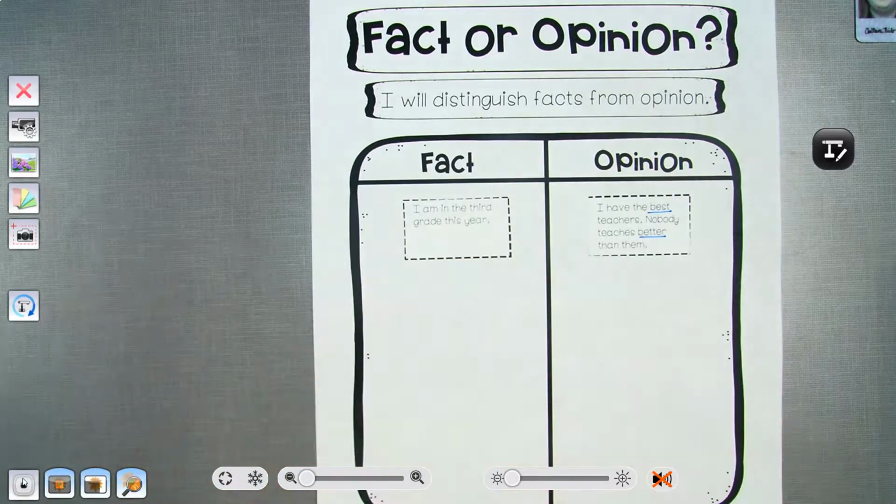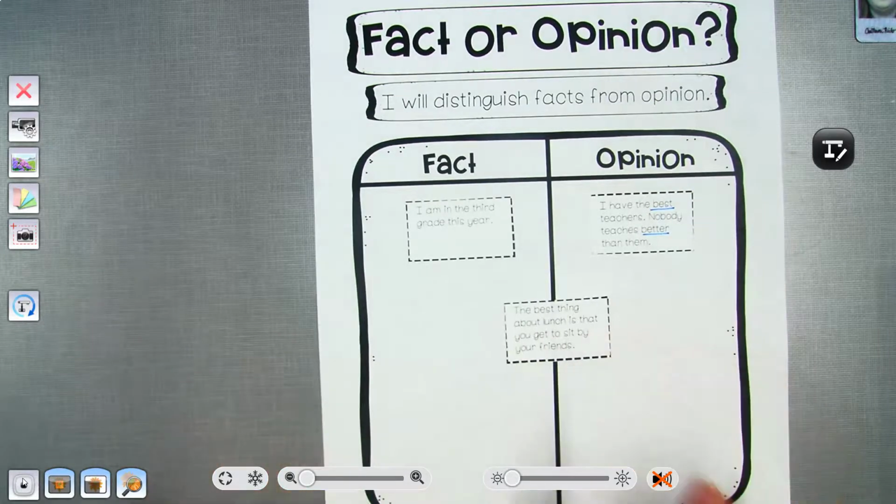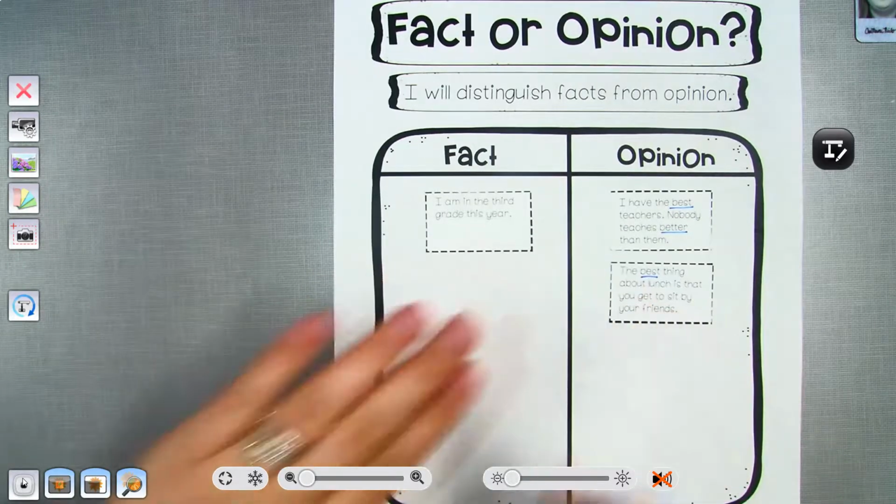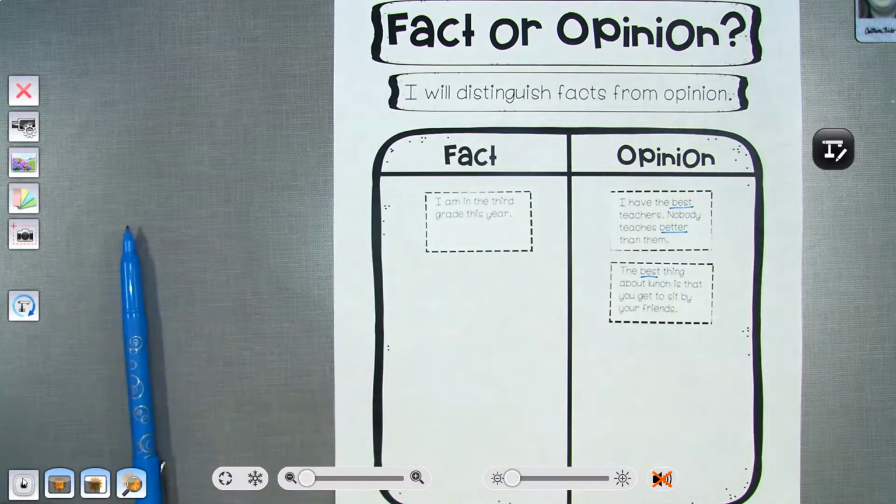So that is a fact. The best thing about lunch is you get to sit by your friends. So best, that's going to be an opinion. Let me do this one.